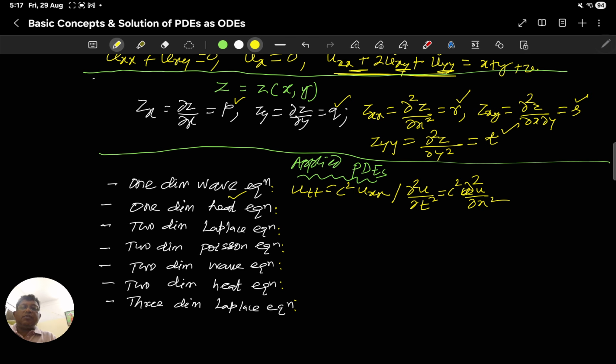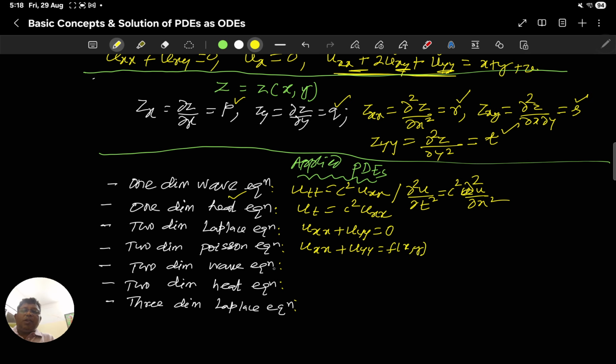Similarly, the one-dimensional heat equation will be ut is equal to c square uxx. Then the two-dimensional Laplace equation will be uxx plus uyy is equal to 0. Then the two-dimensional Poisson equation is uxx plus uyy is f of x, y, right?